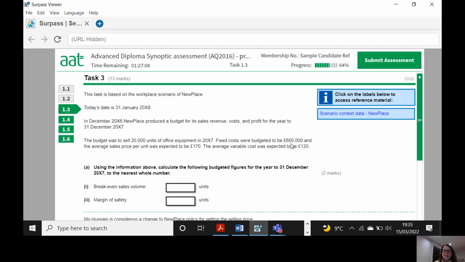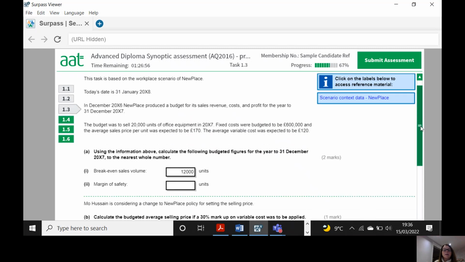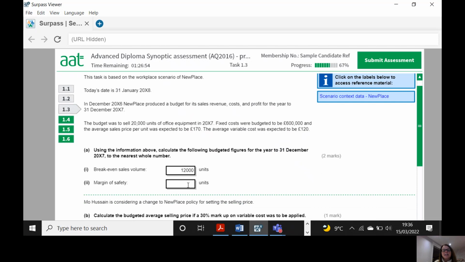So I'm now going to do 600,000 fixed costs divided by 50 contribution per unit, which gives me a break even of 12,000 units. Margin of safety in units is simply the difference between my break-even units and my budgeted units. So 20,000 minus 12,000 is 8,000 units.